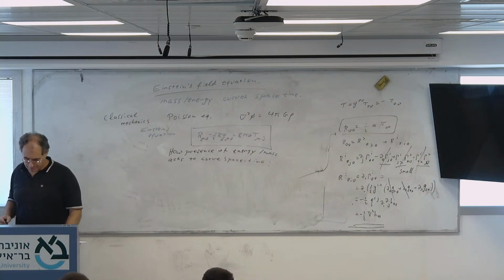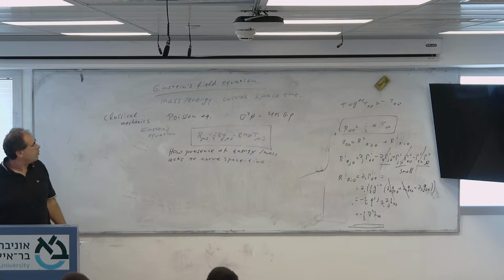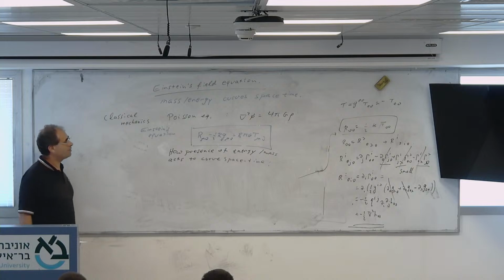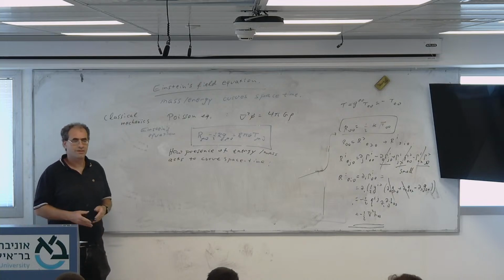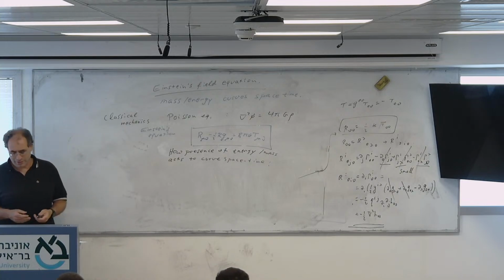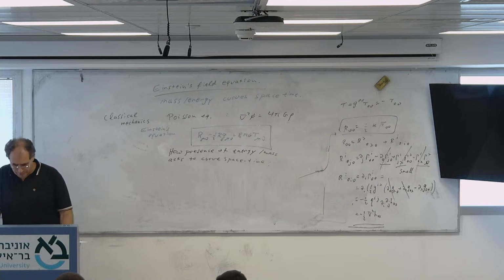One more thing about that. How many equations are here? There are 16, but they're not all independent. In fact, there are 6 independent equations here. It's already quite cumbersome.